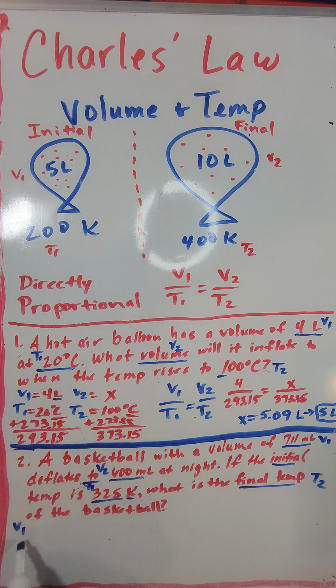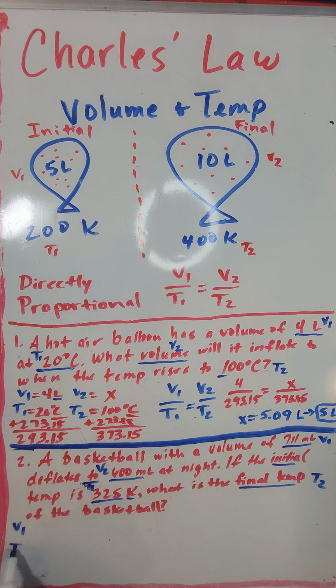So again, we're going to set up our V1, our V2. I like to keep all my stuff together because in my brain, I start mixing stuff up. So we got V1, V2, T1, T2, and that's going to be equal to what we grabbed from the problem.